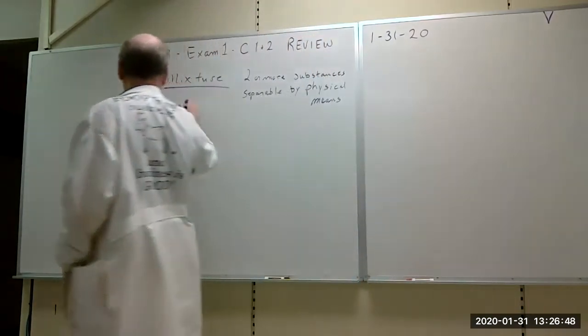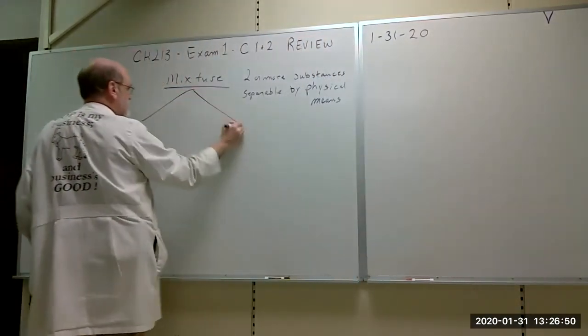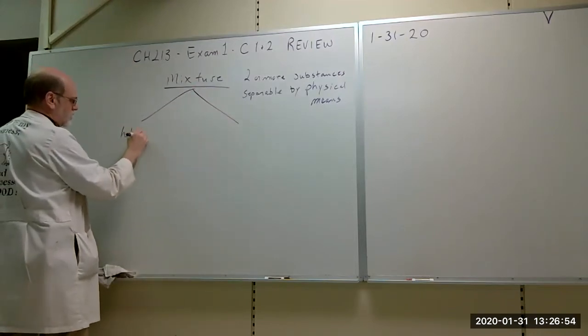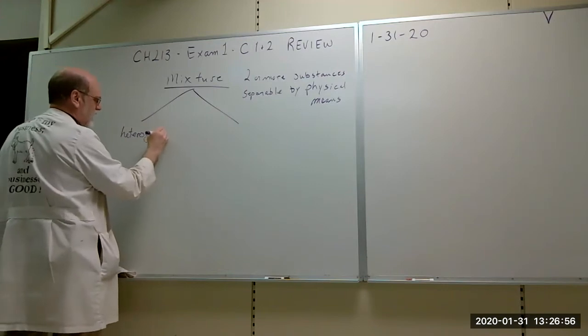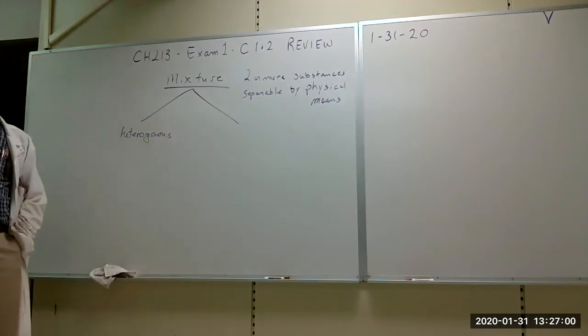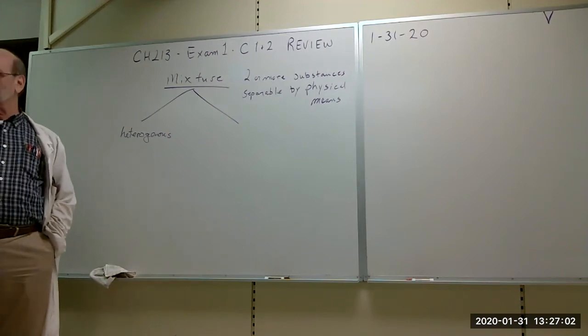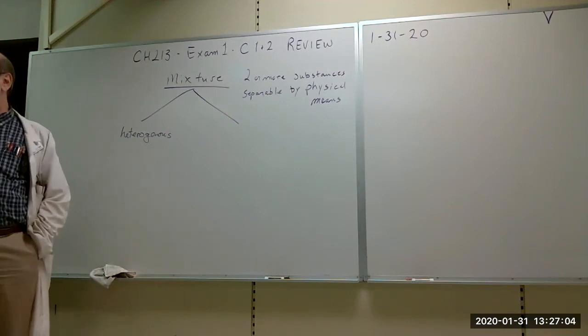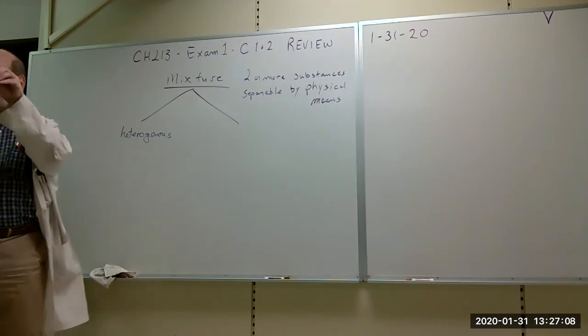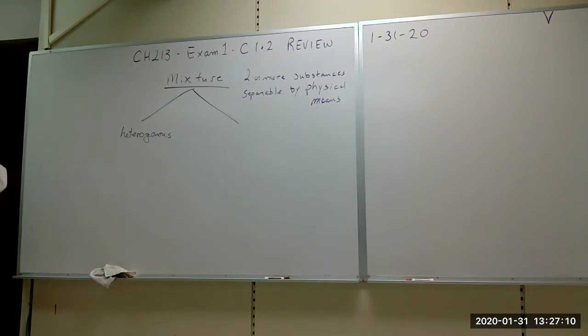Then the next difference is, are they heterogeneous in nature? That is, the substances that are mixed together, are they evenly distributed throughout? So could I take a subsample from several different places in a mixture and get the same composition?